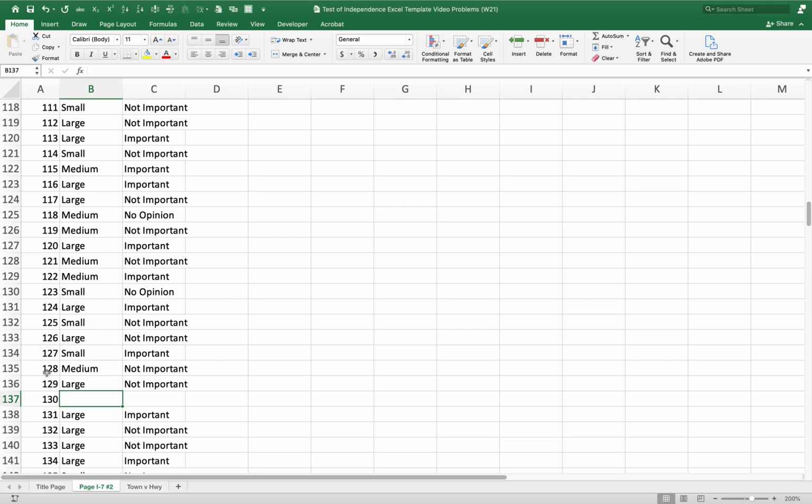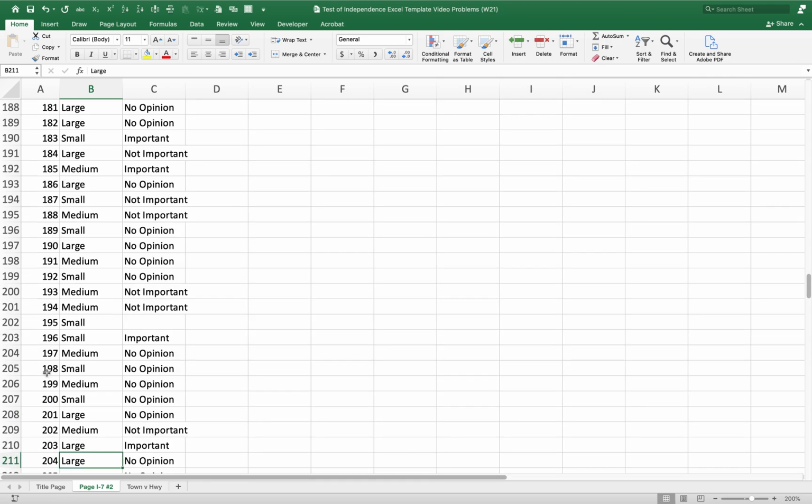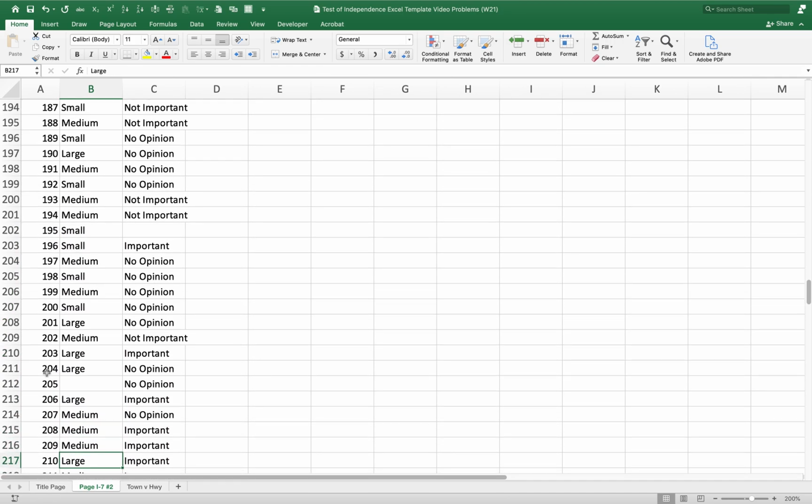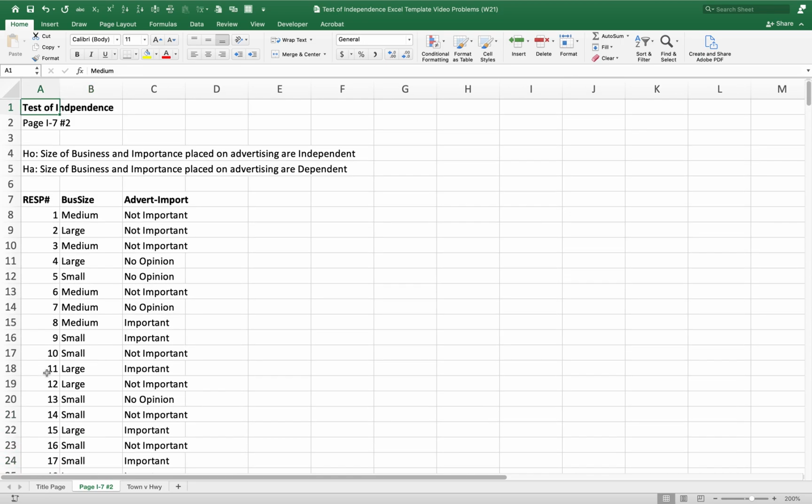And so they did answer questions from the other questions in the survey, but they didn't answer these two. And so we can't really do the test of independence for that particular individual, nor for this particular individual right here. So we do have these occasional blanks here. Here's another blank right there. That's not a problem when you're dealing with a pivot table from Excel. It'll actually allow you to filter out the blanks.